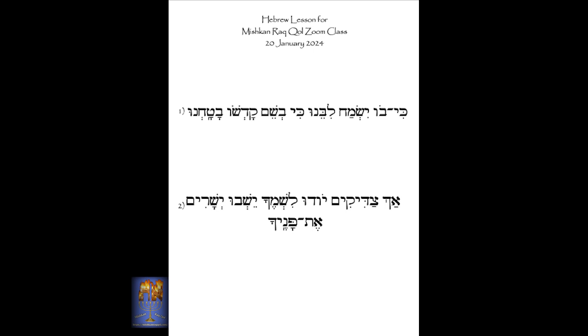What's our next word here? Key, just like it was at the beginning of the sentence, right? We have a kaf pointed chirik yud, k, e, key.